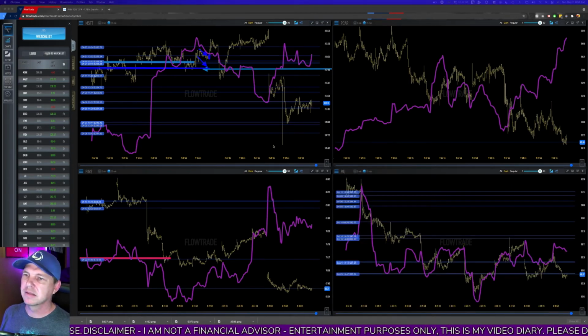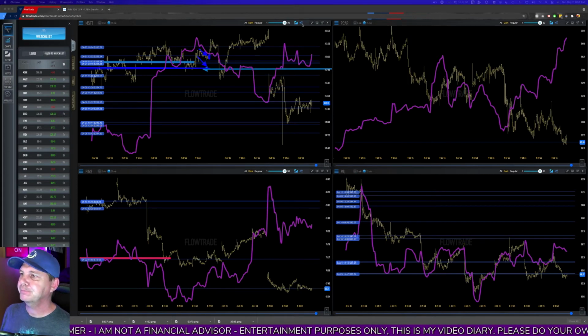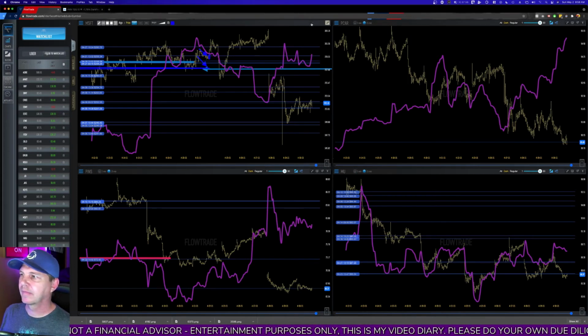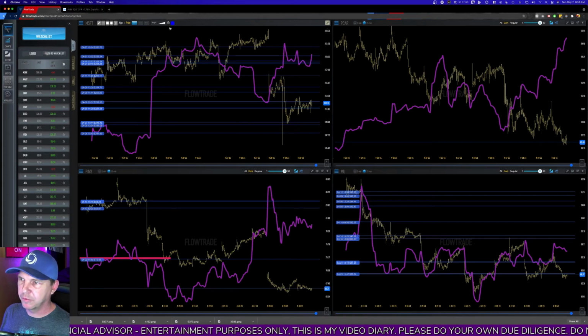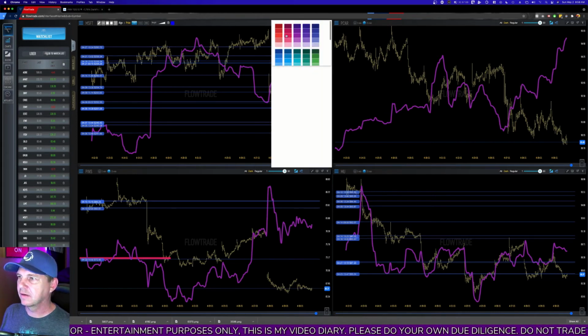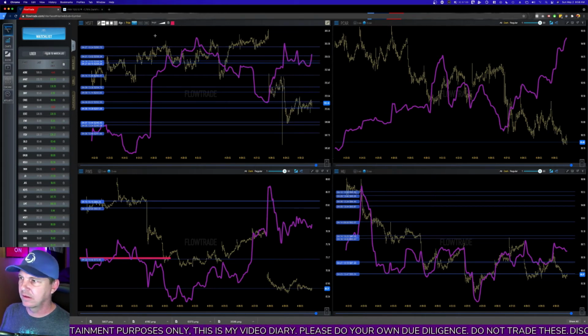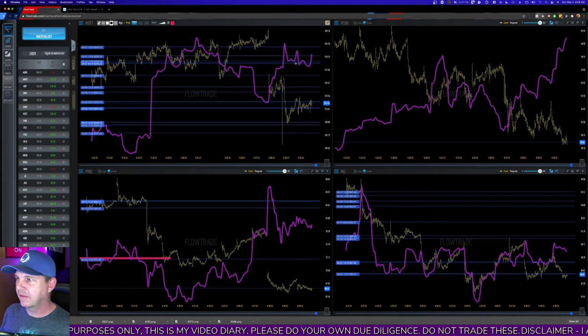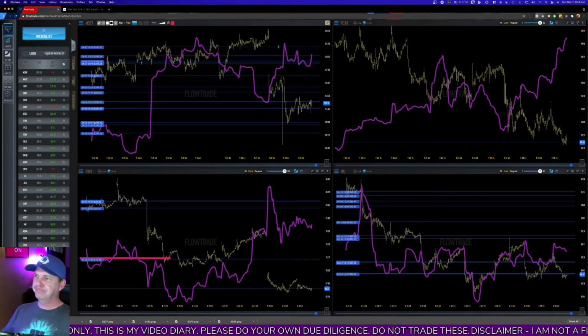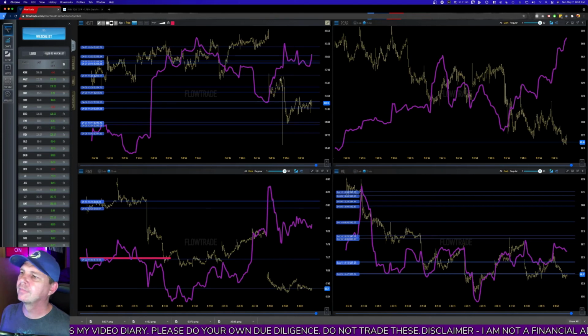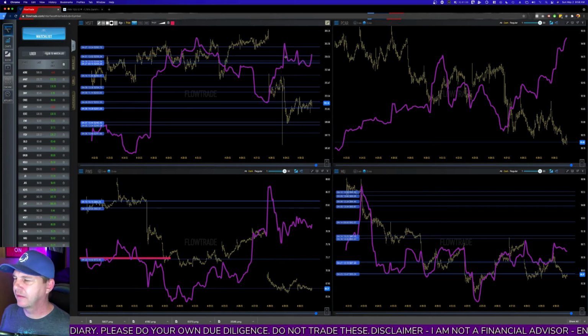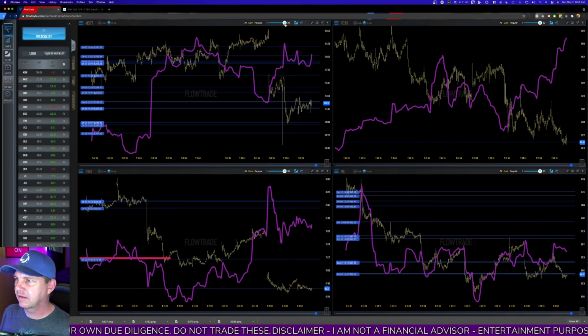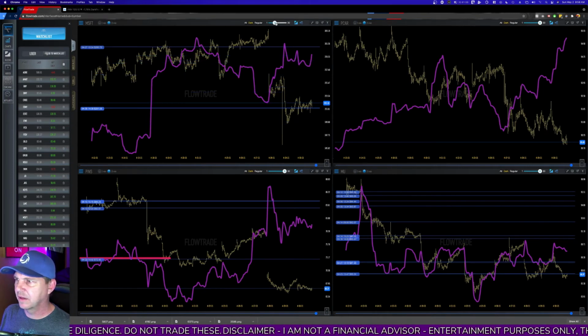All right, Microsoft. Get rid of previous drawings, change my color. Note that the algo is essentially trading with price action. I don't like all those blocks on there.